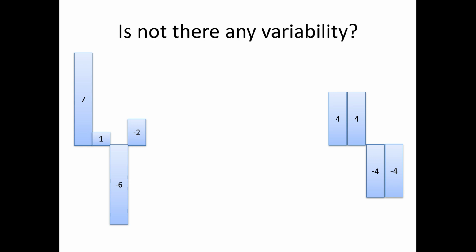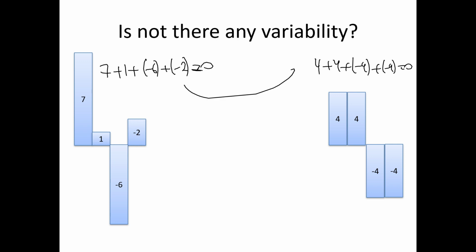For the first one, if I add it, 7 plus 1 plus -6 plus -2, it is 0, you see. Next, 4 plus 4 plus -4 plus -4 is also 0. You can see that the average, or the mean, doesn't give us information.